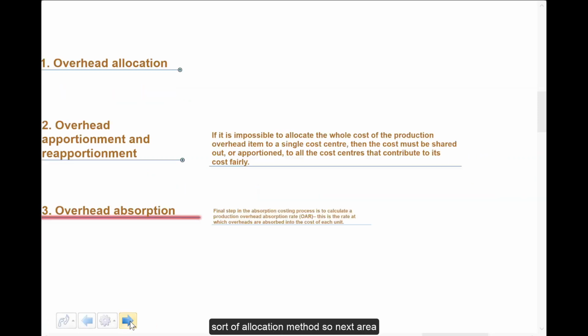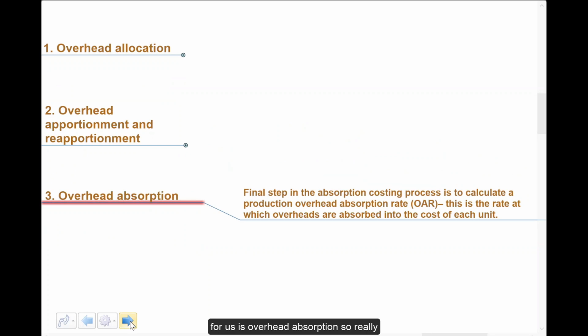So next area for us is overhead absorption. So really, here's the step where we say, well, overhead absorption process is to calculate some sort of production overhead absorption rate. Note OAR for short. So this is the rate in which overheads are absorbed into the cost of each unit, or the cost center, or a particular product.